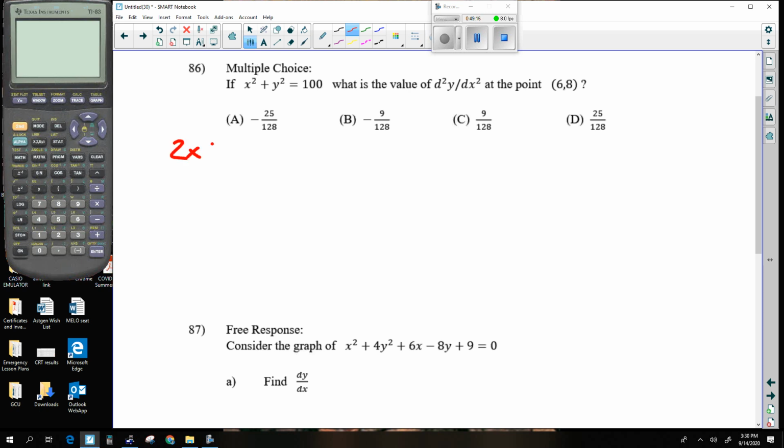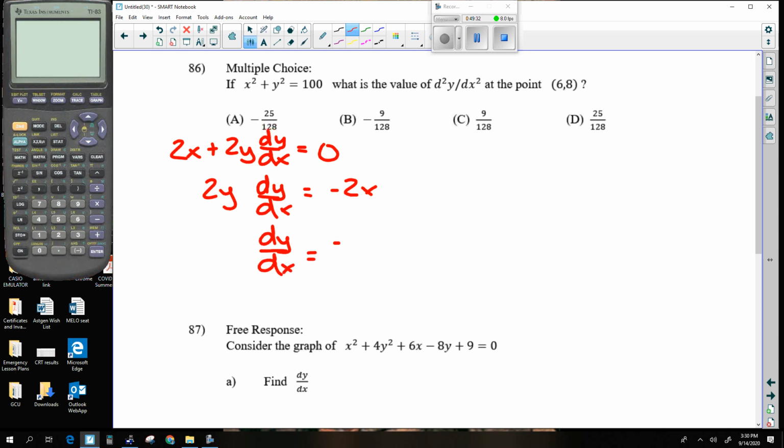So 2x plus 2y dy/dx is equal to 0. So dy/dx, 2y dy/dx = -2x, divide by 2y and simplify, that is going to be -x over y.